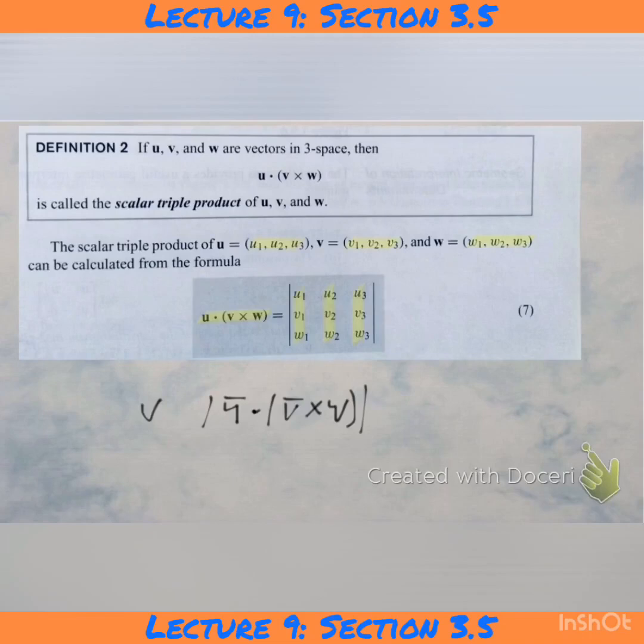And we worked out the volume as the absolute value of that scalar triple product. And those two things are the same. So it shows that the volume of our parallelogram in 3 space is given by that determinant.